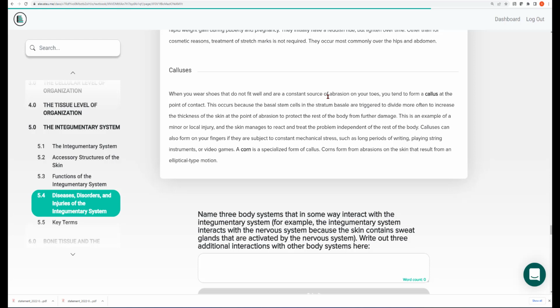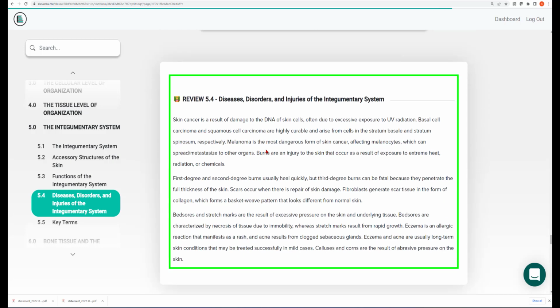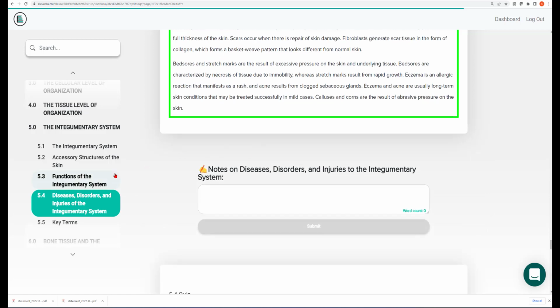This is a protective mechanism, so the skin gets thicker in those areas, and you might have a callus or a corn, which is basically a specialized form of a callus. So calluses and corns, think stratum corneum, that thicker outer layer of the skin increases. And that does finally bring us to the end of this chapter on the integumentary system.